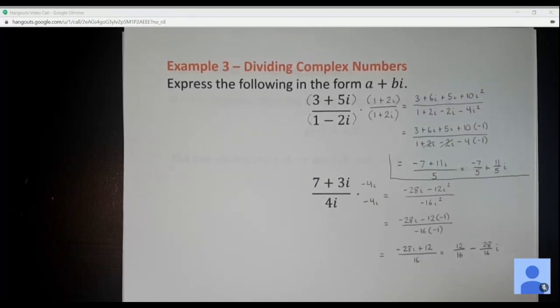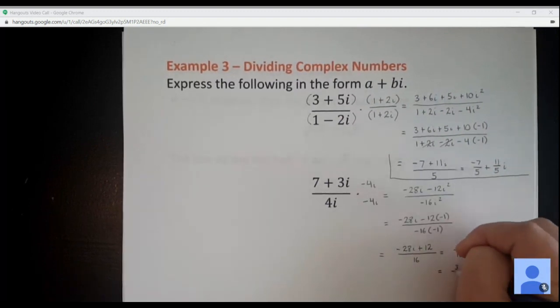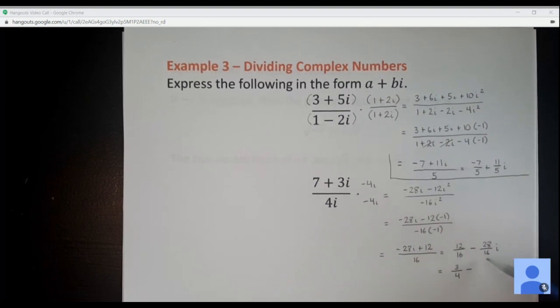Now, always simplify. So if we look at each of these fractions, what would we get if we were to simplify 12 over 16? Not quite, so not 1/4. Good, right? So 4 goes into both of these. 4 goes into 12 three times. 4 goes into 16 four times. That's going to give us 3 over 4. And then we want to do the same thing with the 28 over 16.